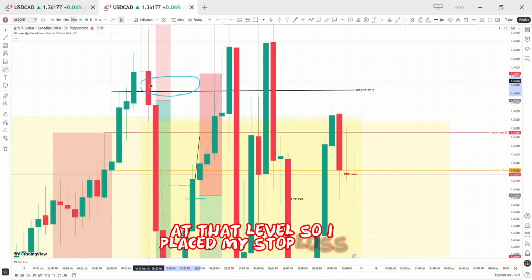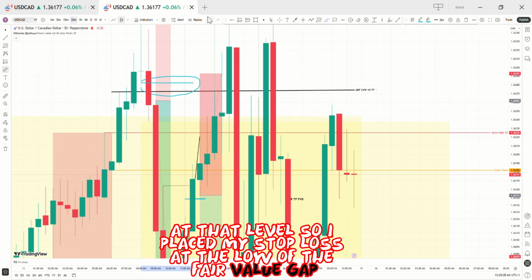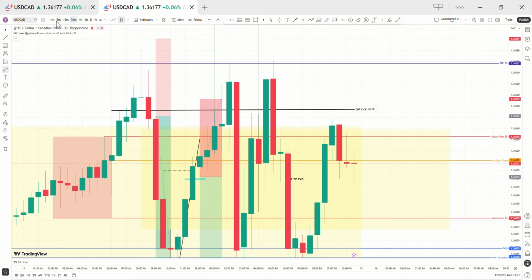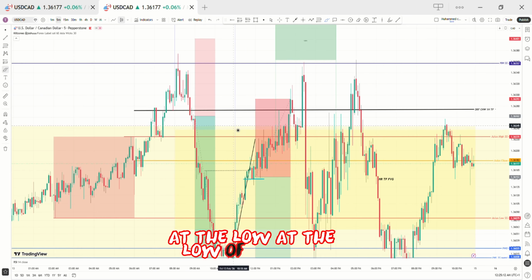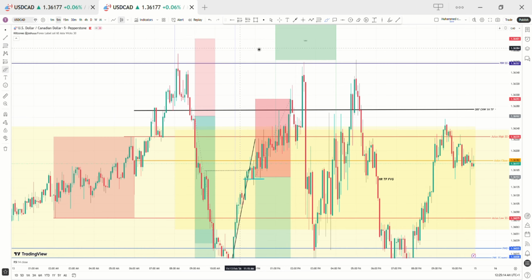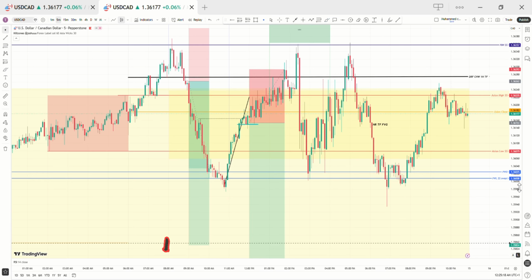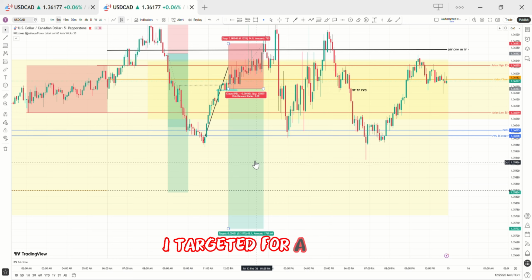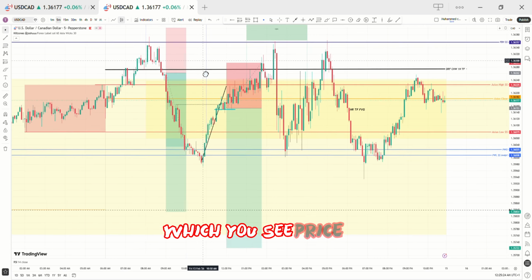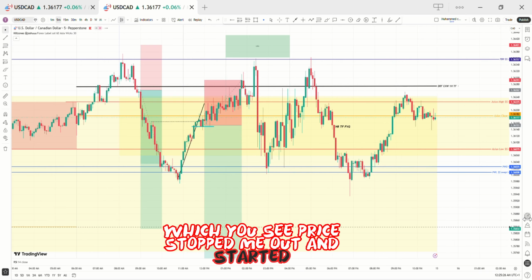So I placed my stop loss at the low of the fair value gap. And then I targeted a 3.8 RR, but price took me out and started consolidating.